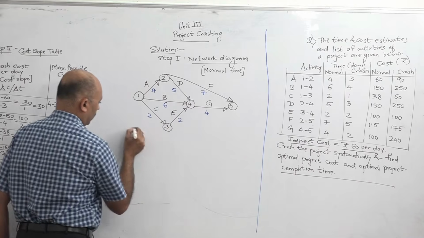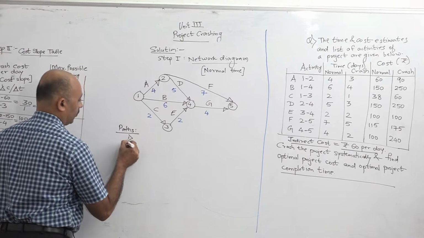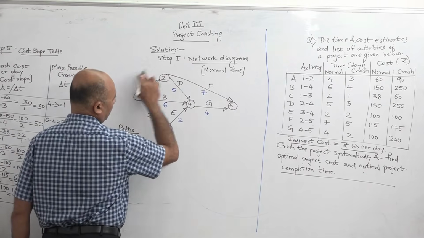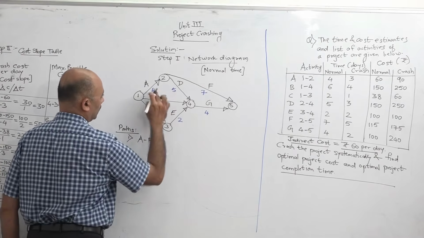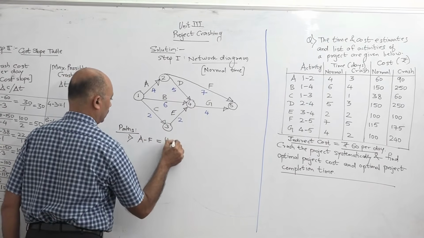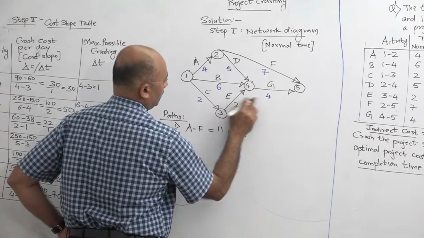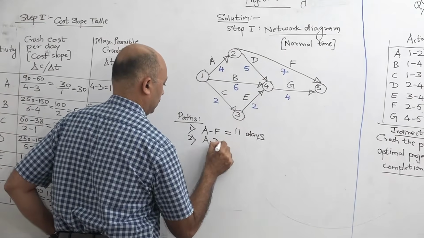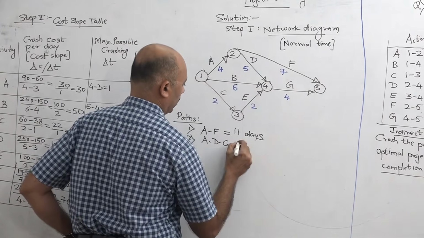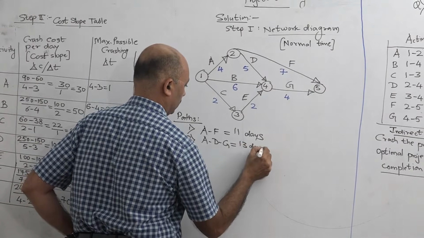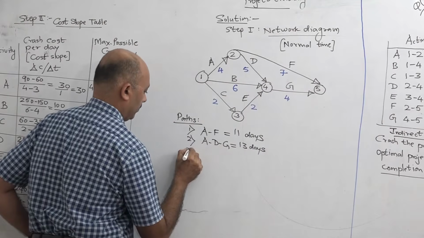Now after network diagram, we will find the paths in the network. So the first path is AF, going from above. First path AF, that is 4 plus 7, 11 days. Second path is ADG, that is 4 plus 5, 9, 9 plus 4, 13 days. Third path is BG, straight line.